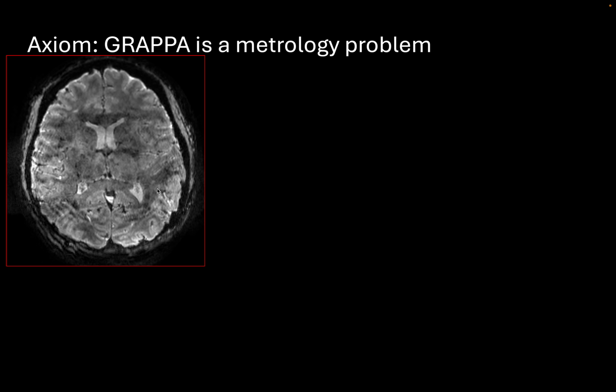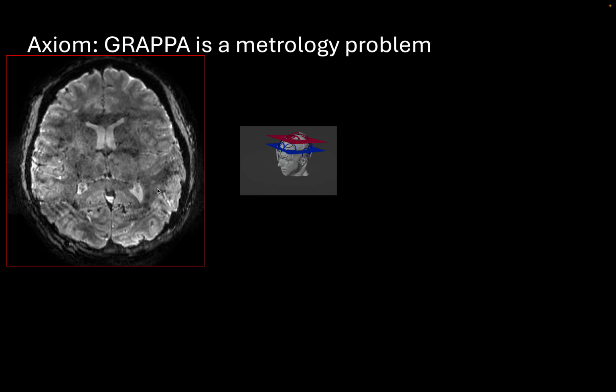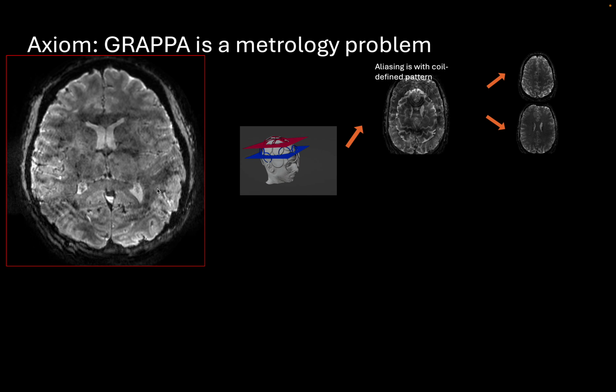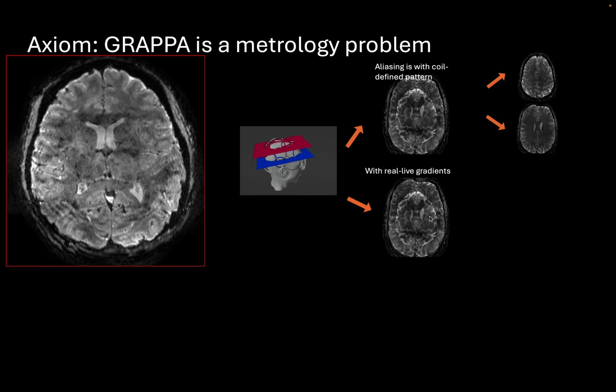So basically, when you do GRAPPA, you are unaliasing your images that have been acquired at the same time. So you are imposing aliasing patterns by acquiring them at the same time, and then you unalias them based on the coil sensitivities. This means, however, that when you have a small miscalibration, for example, here this flickering, which is a residual aliasing, an erroneous aliasing, GRAPPA is very confused by that, right?